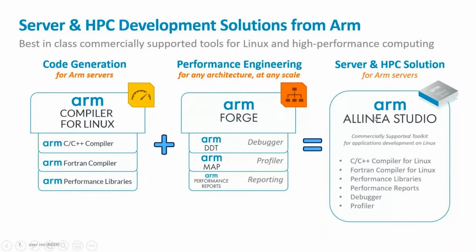ARM has the code generation solution with the ARM Compiler for Linux, since ARM originally wrote software tools like compilers, libraries, and emulators, and the performance engineering solution with Forge, which has DDT, MAP the profiler, and Performance Reports for creating a profiling report.